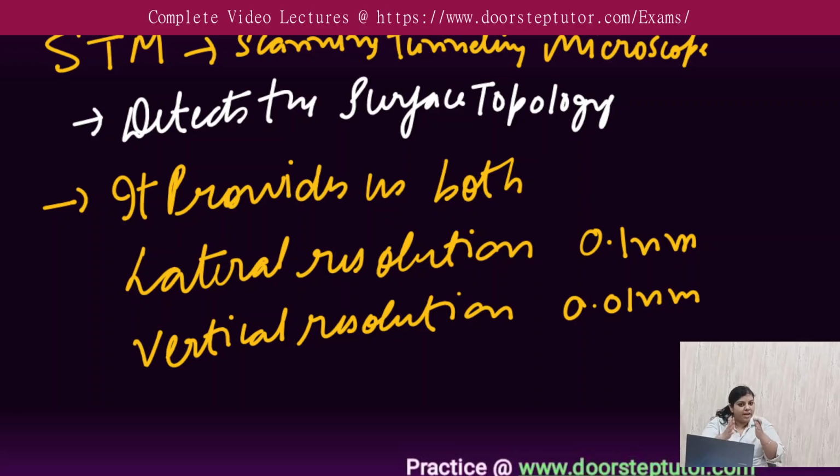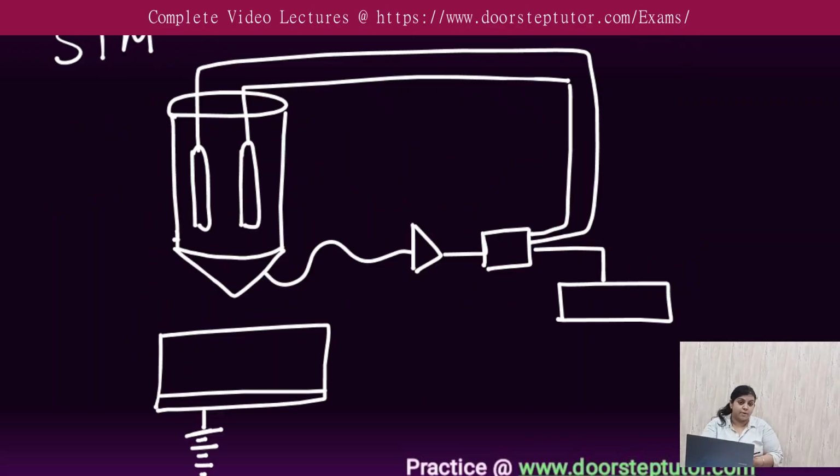Now how does the actual setup of this scanning tunneling electron microscope look? This is the actual setup. In this you have one sample that is placed. The voltage supplied here is called the tunneling voltage.